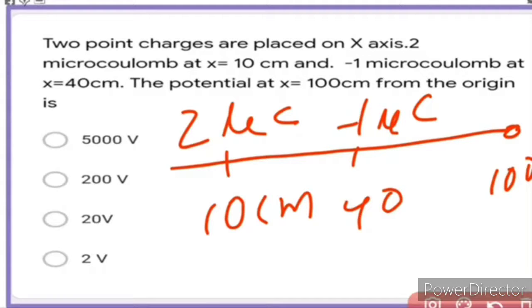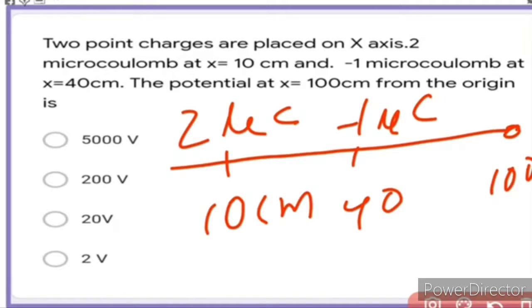Potential at that point, 100 centimeter, is equal to the sum of potentials due to 2 microcoulomb and minus 1 microcoulomb. So 1 by 4 pi epsilon 0 q by r. For 2 charges you have to find it and just add, that's all. While doing the calculation, you have to consider this negative sign because potential is a scalar quantity, so you have to consider the sign also.